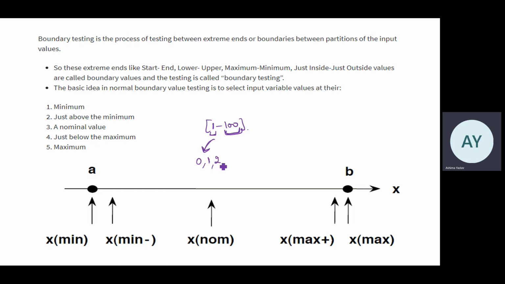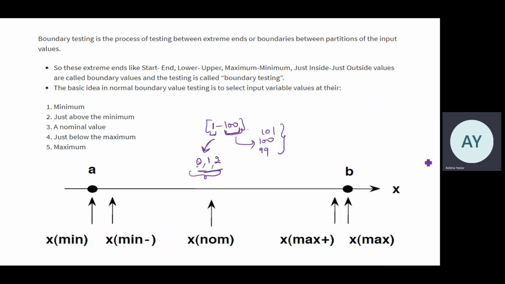These 0 and 2 are the values that are under the boundaries. And for 100, I can test my software for values like 99, maybe 100, maybe 101. So I'm testing under the boundaries, right? You can see I'm testing my software under the boundaries here.